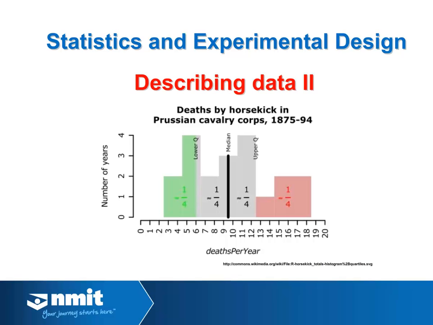And you can see that 3 to 4 deaths per year occurred in 2 years. Moving along, 5 to 6 deaths occurred in 4 years between that period.